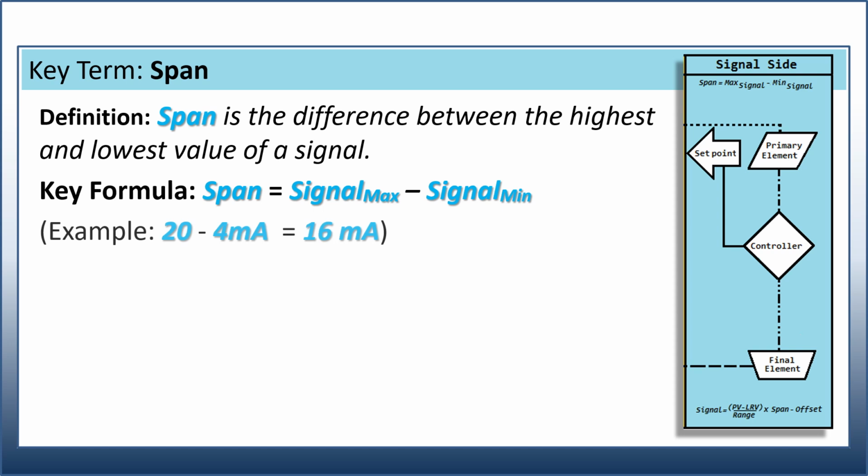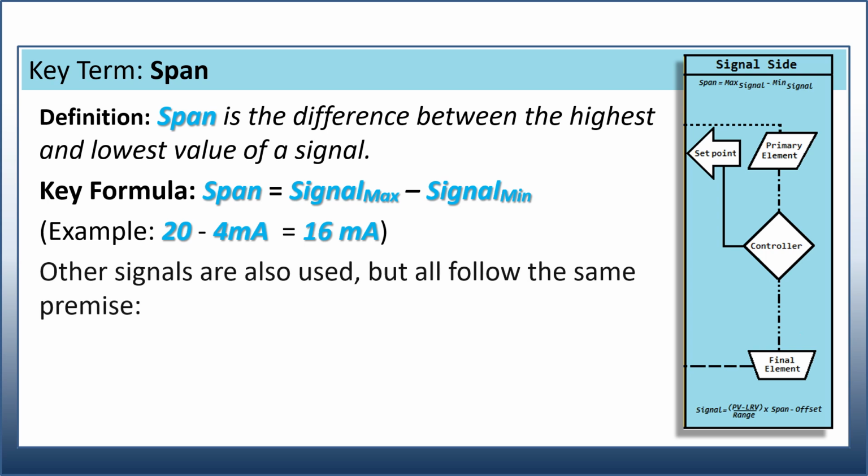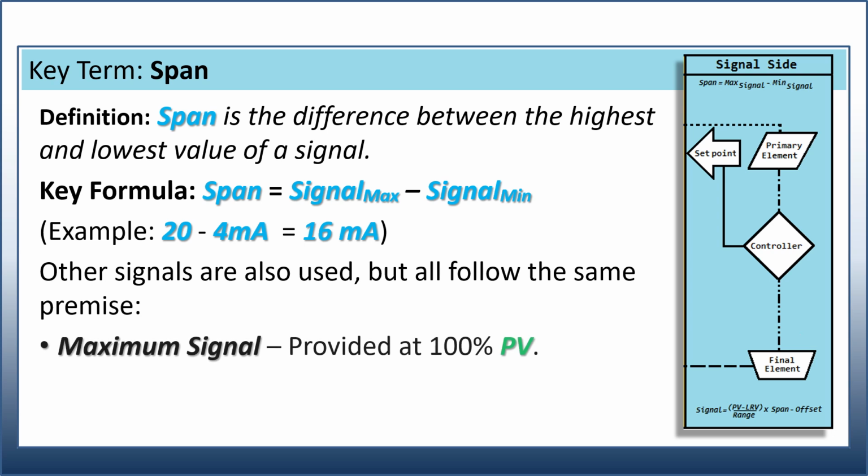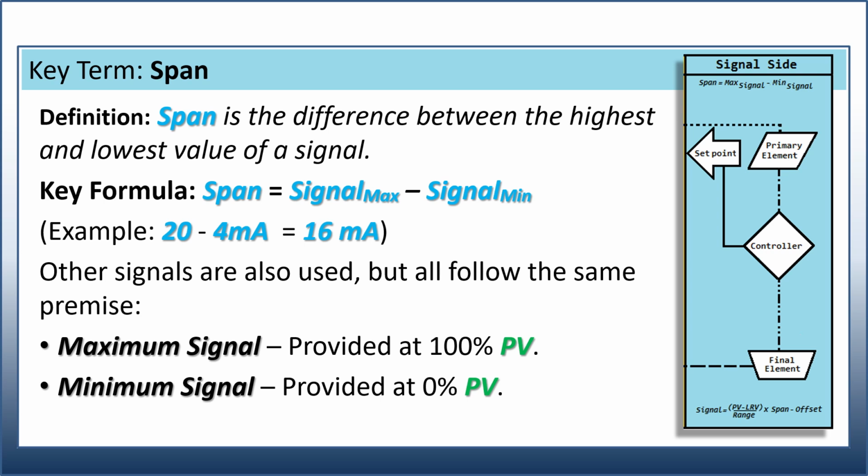For example, if our signal is between 4 and 20 milliamps, you would have a span of 16 milliamps. Other signals are also used, but all follow the same premise, that the maximum signal is always provided at 100% of the process variable, and the minimum signal provided is always at 0% of the process variable.